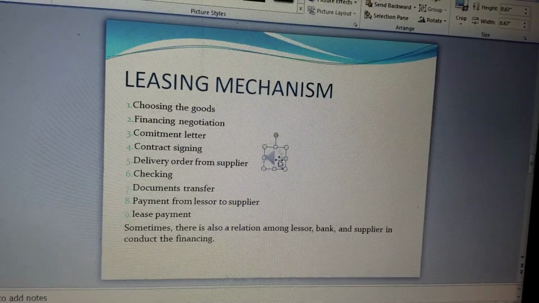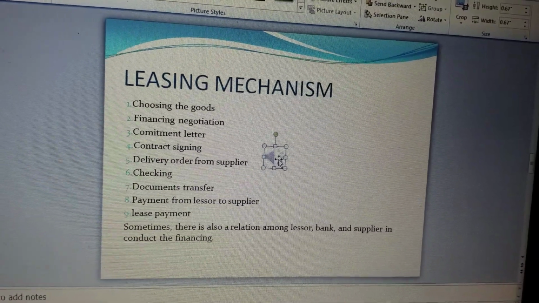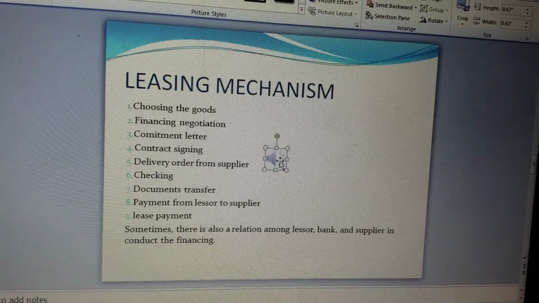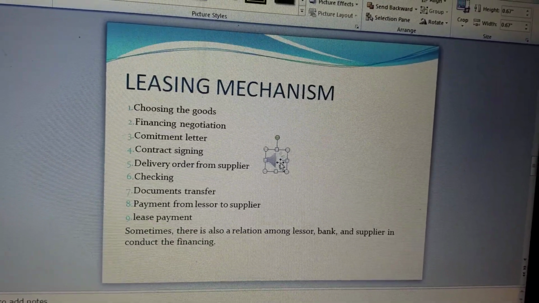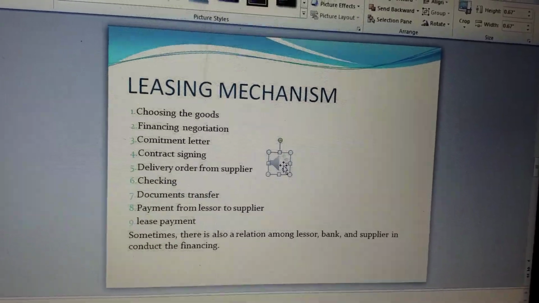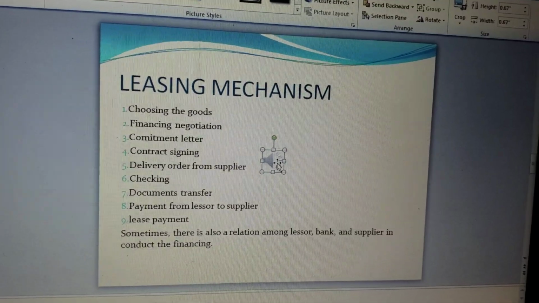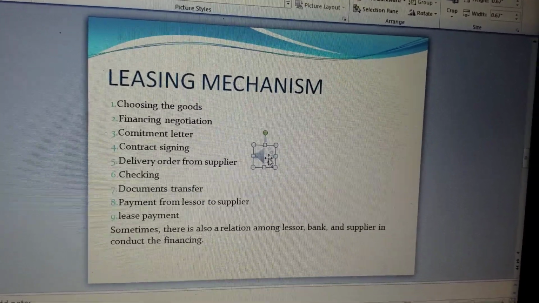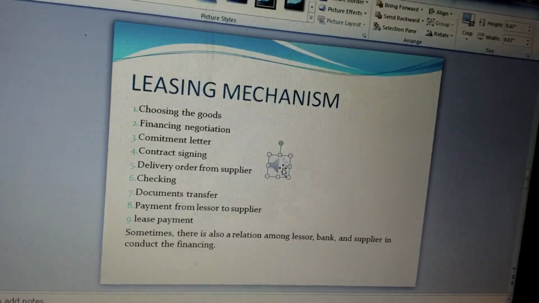In what case will the bank be involved in the leasing mechanism? The bank will be involved in case the lessor also needs to be supported by additional money to purchase the object.